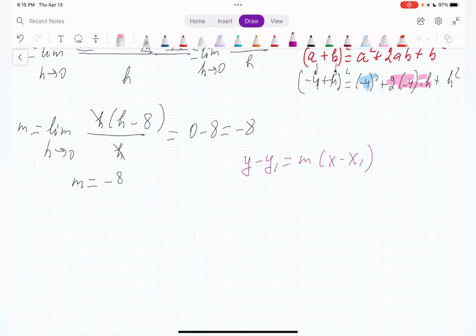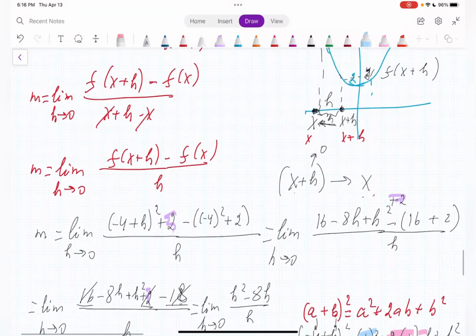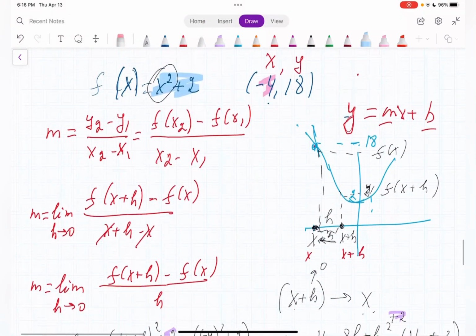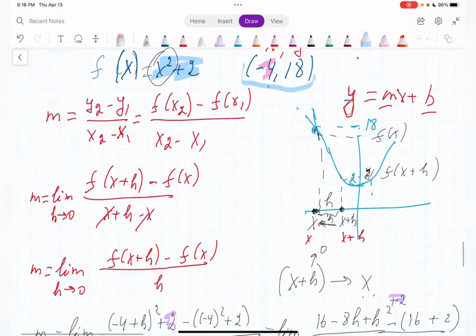We received this from m equals y minus y1 over x minus x1. So we have y1 and x1. Our y is 18, x is negative 4.